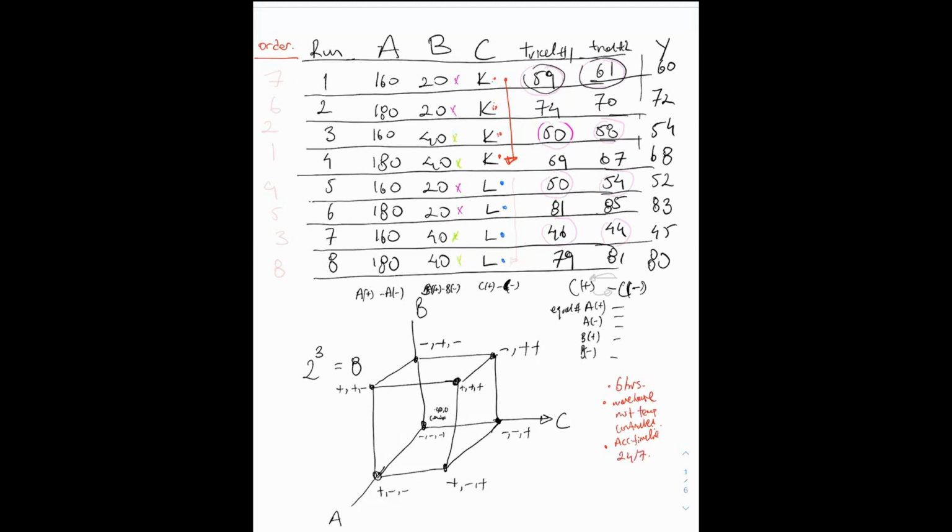So if I do my first 4 experiments, each one of them will be 6 hours, so it will be 6, 12, 18, 24 hours.